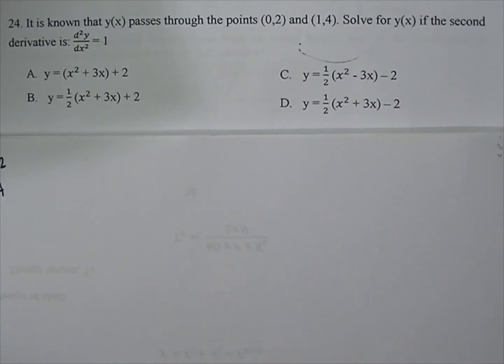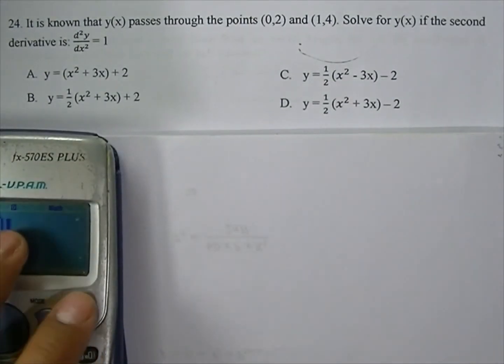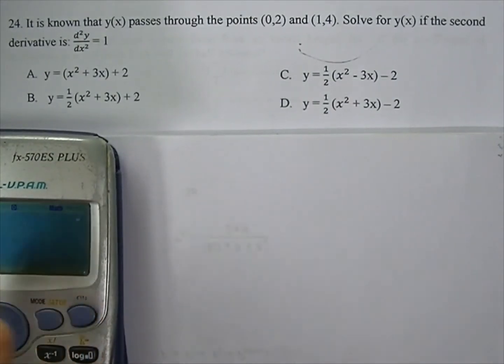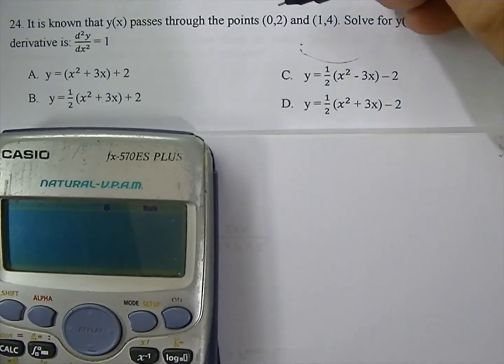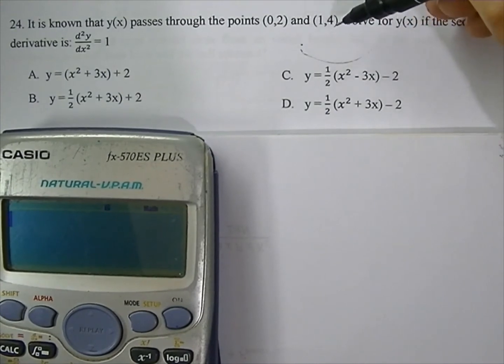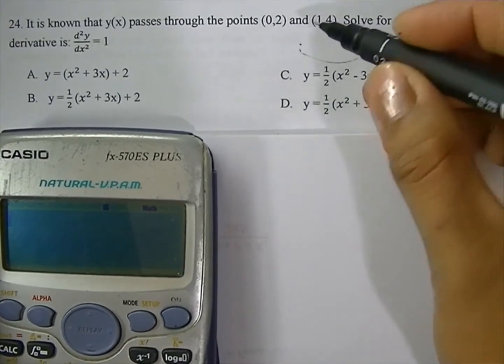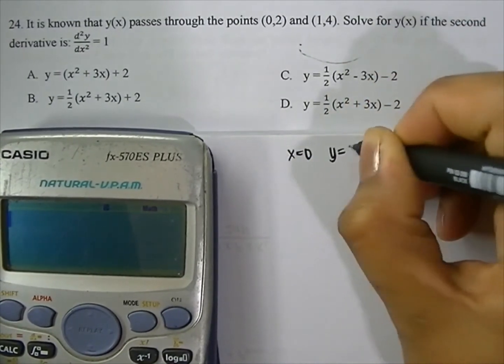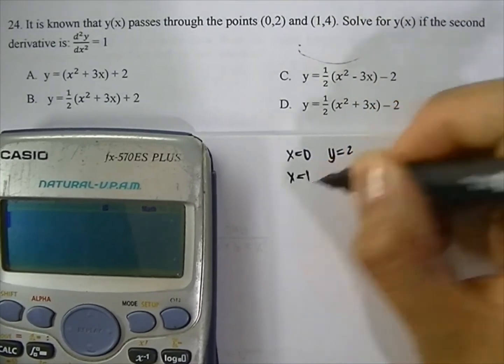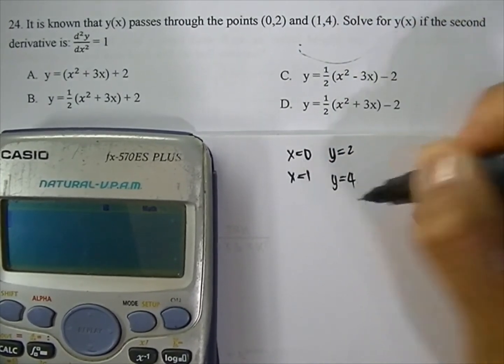Number 24. It is known that y of x passes through the points (0, 2) and (1, 4). Solve for y of x if the second derivative d squared y over dx squared equals 1. So from that, we are given 2 points, and this makes it easy to solve for y of x. Just satisfy the condition that when x is 0, y is 2, and when x is 1, y is 4.